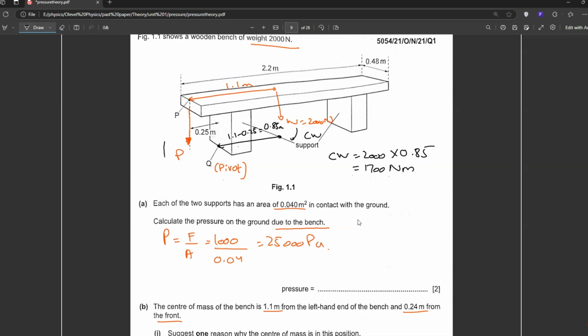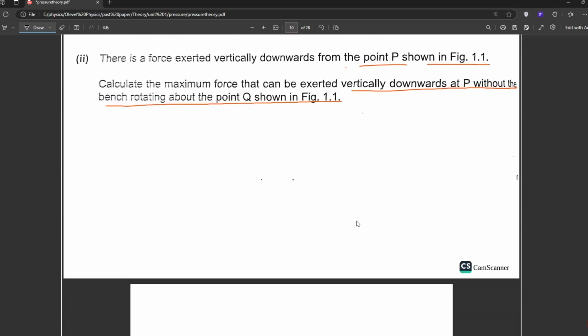This force P will generate an anti-clockwise moment. What will this anti-clockwise moment be equal to? Force P, and the distance from the pivot is 0.25. P into 0.25. Can we equate both of them? Yes. Anti-clockwise moment equals clockwise moment. The clockwise moment was 1700, the anti-clockwise moment was P into 0.25.